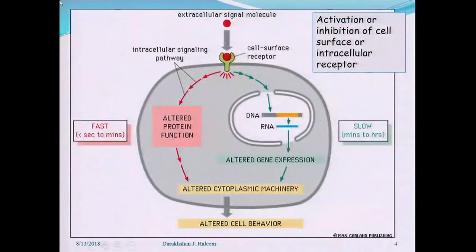Now here you can see drug-receptor interaction. Receptors which may be present inside the cell, but here they are present on the surface of the cell. An extracellular signal which may be endogenous or exogenous, it binds with the receptors and a cascade of events start.